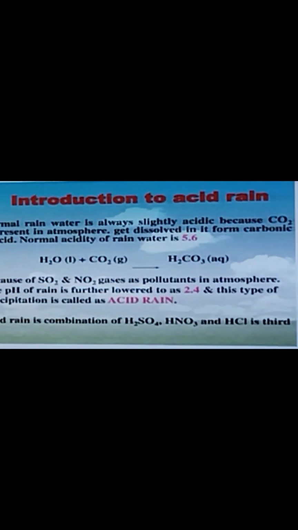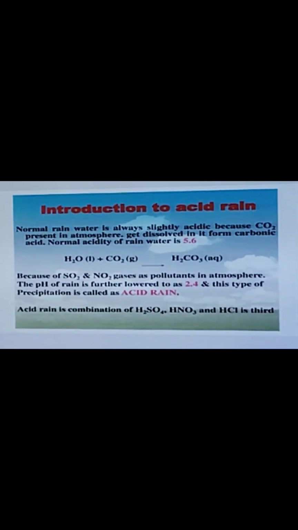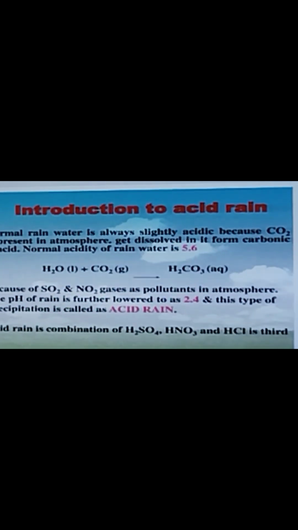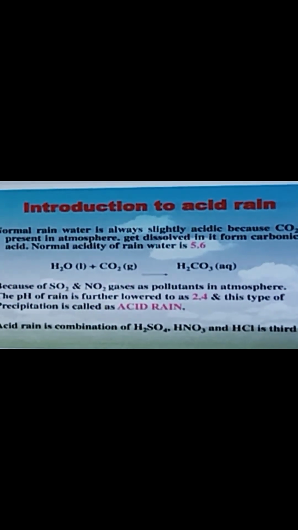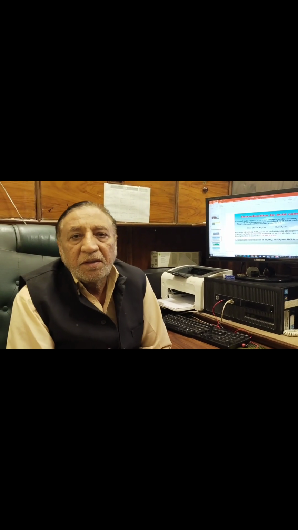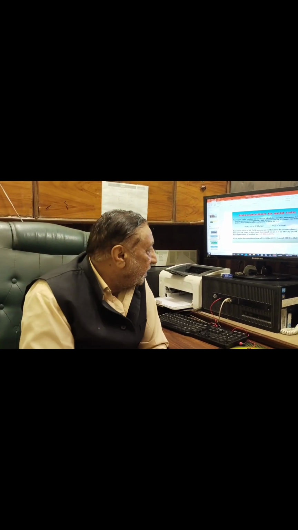And coming to acid rain, normal rain is always slightly acidic. Carbon dioxide present in the atmosphere gets dissolved in it. But when the pH level or acidity is less than 4, then we call it acid rain.